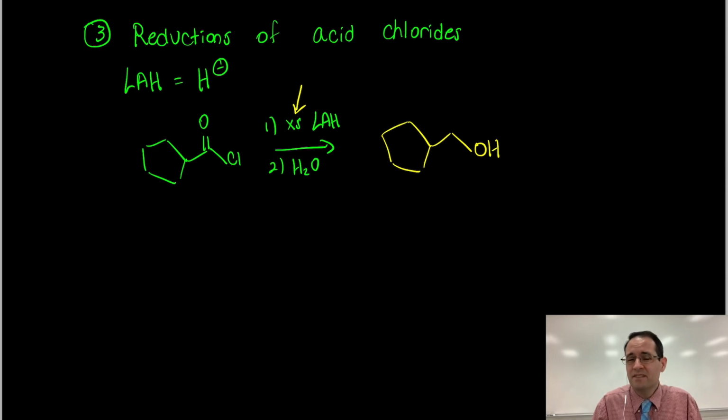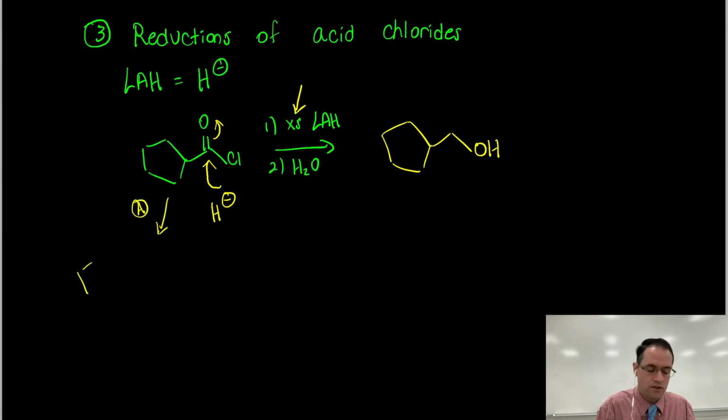The mechanism is quite straightforward, and it's a great thing to look at and also review. So the mechanism involves hydride attacking, and once again, you form that tetrahedral intermediate.